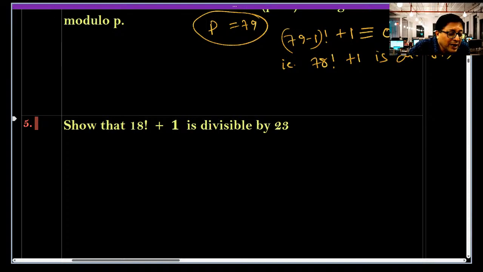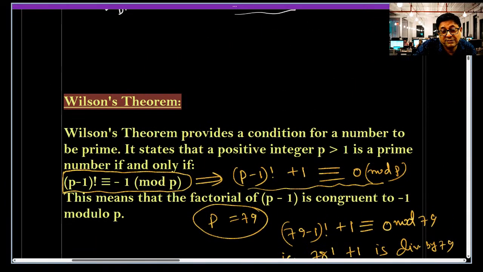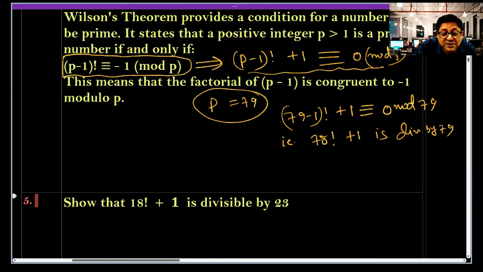Okay? Show that factorial 18 plus 1 is divisible by 23. How will you start? Factorial 18 plus 1. Start once, try once, then I will try to give you a proof of this theorem by taking one example which is very interesting.